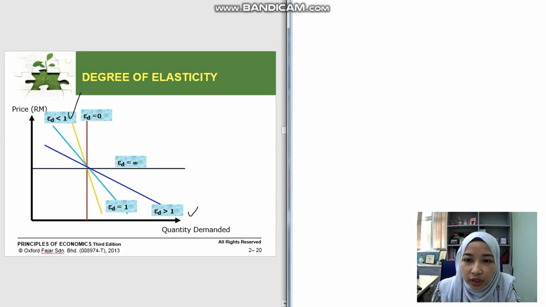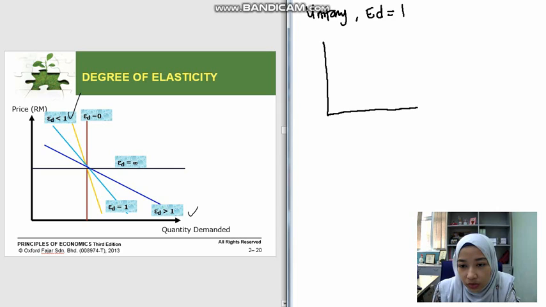So how do you draw a unitary elastic demand curve? Unitary means your elasticity equals to 1, meaning the change in the quantity demanded is the same magnitude with the change in the price. Okay, so that can be shown by drawing this same graph.